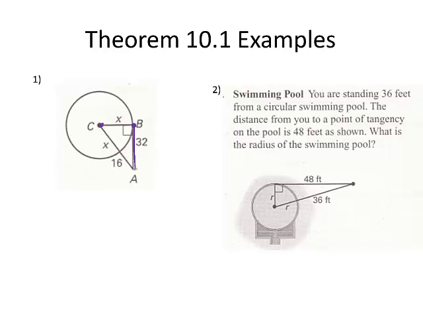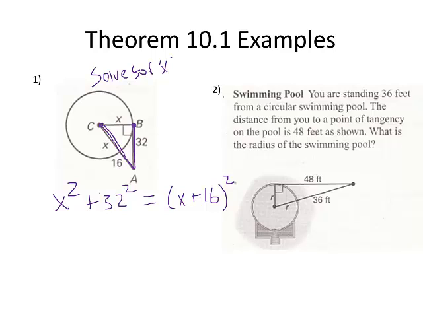So if I draw this part here, I'm trying to solve for x, which means I'm going to use the Pythagorean theorem. We have x squared plus 32 squared equals the entire length of the hypotenuse, and that is x plus 16, squared. You're going to have to go back to algebra and FOIL this part here, or double distribute.